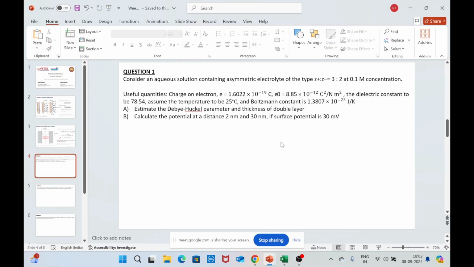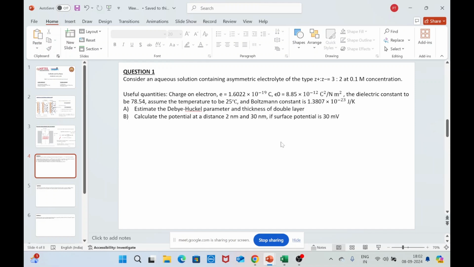But in case of asymmetric electrolyte, the valencies of the cation and the anion are different. That is what you can see here. The asymmetric electrolyte is of type 3 is to 2, that is, your cation is 3 and anion is 2. At 0.1 molar concentration, the useful quantities, that is charge on the electron, epsilon naught, dielectric constant, temperature, and Boltzmann's constant are given. They are asking us to estimate the Debye-Huckel parameter and the thickness of the double layer.